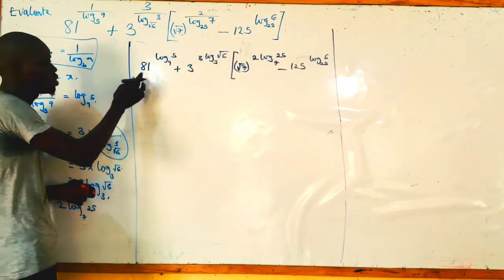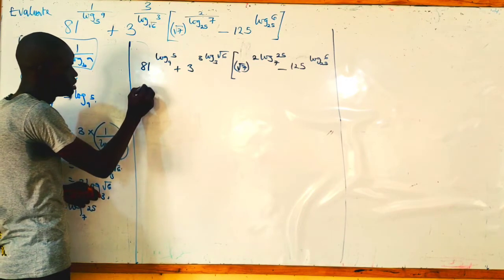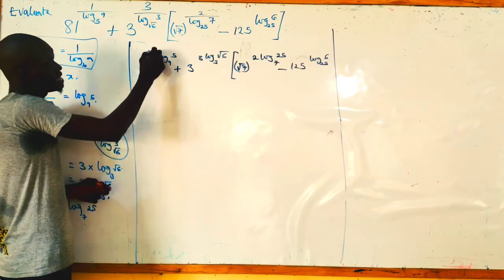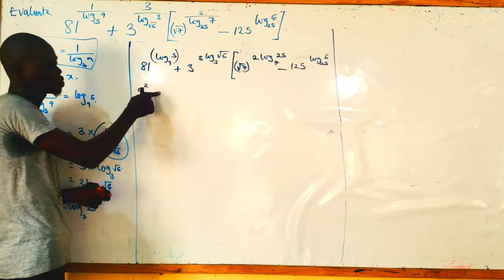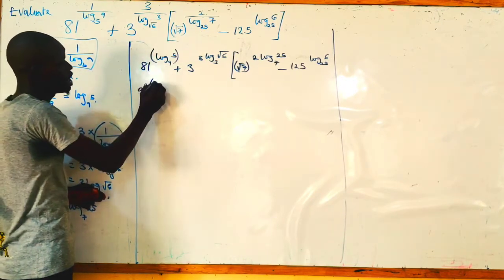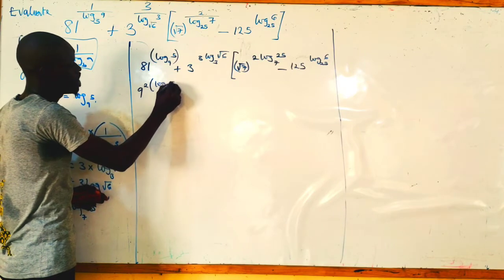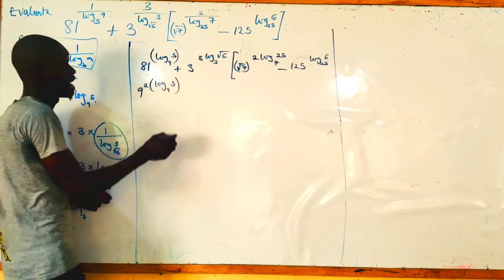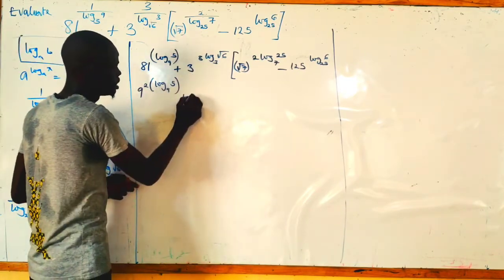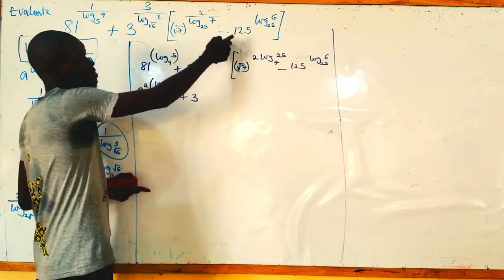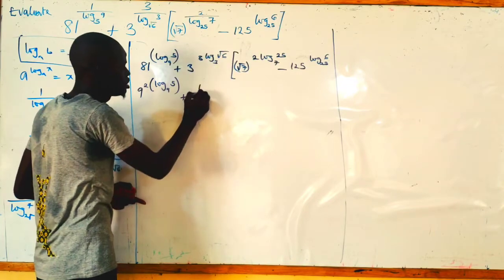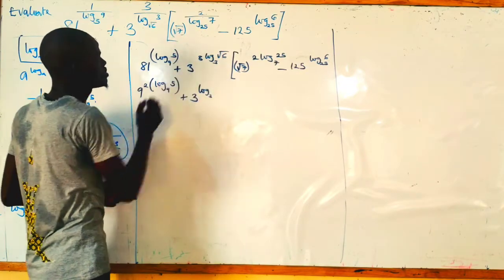Since 81 can be written as 9 squared, don't forget that this thing is serving as a power here. So if I have 81 to be equal to 9 squared, that means everything raised to the power of log of 5 base 9. Now, the same thing goes to this place. This is already 3. The only thing I need to do here is to transfer this back to this. I'll be having log of 3. There's a log of logarithm.